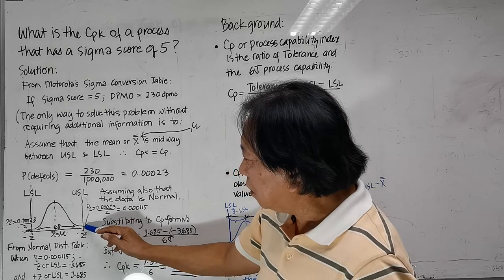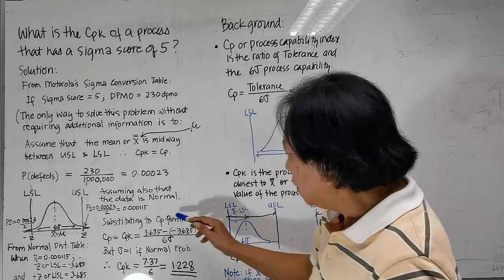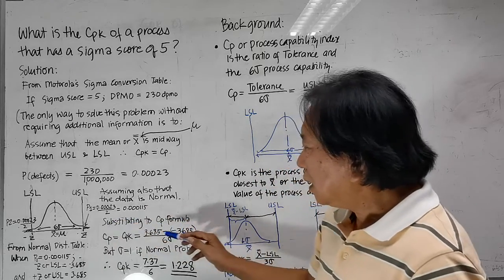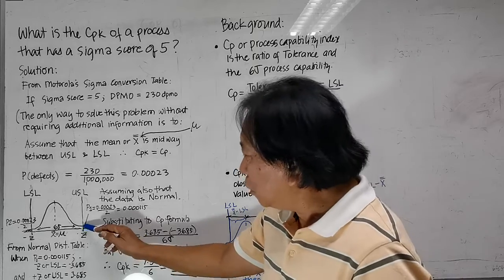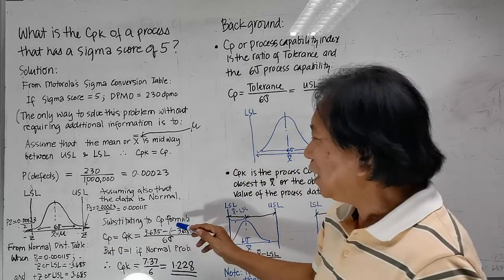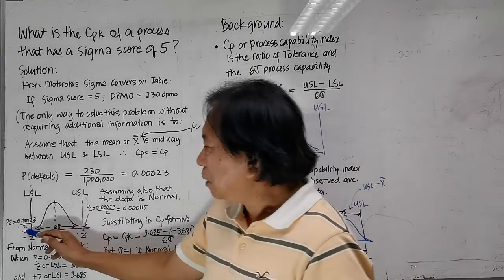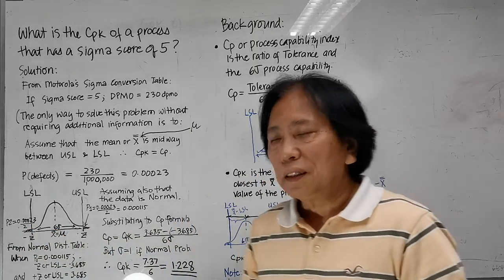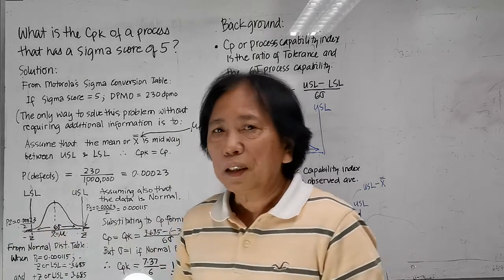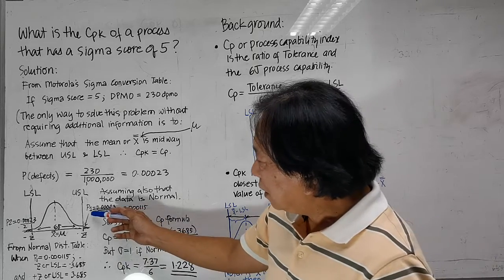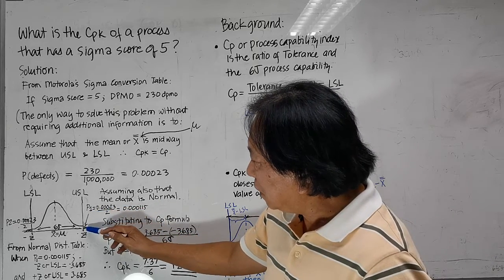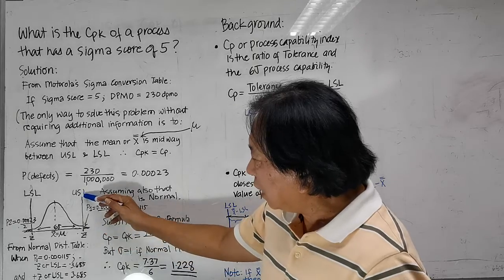It is going to go straight to the right to infinity, and the other tail is going to go to the left towards negative infinity.